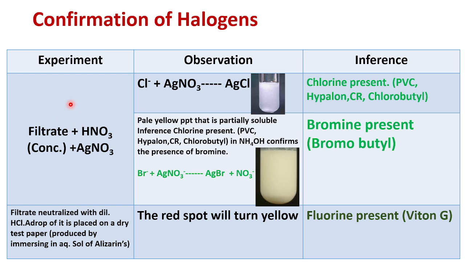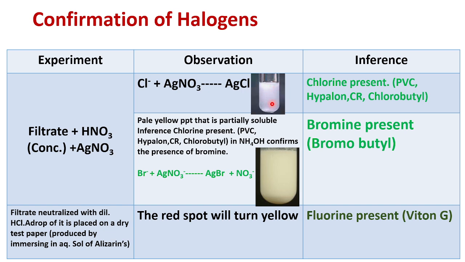So for chlorine, first again you have to take the filtrate and add concentrated HNO3, and you should add silver nitrate solution. If chloride is present in the filtrate, in presence of silver nitrate it will form a curdy white type of precipitate.